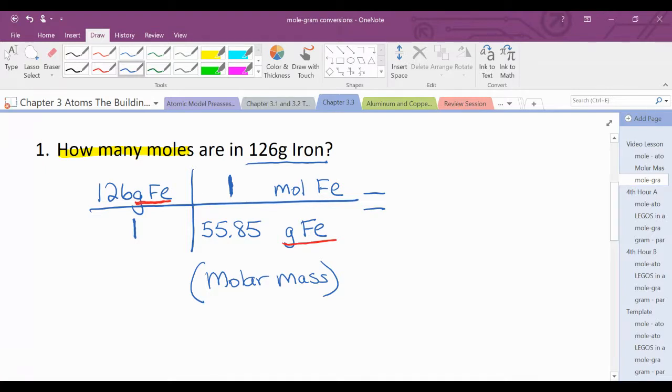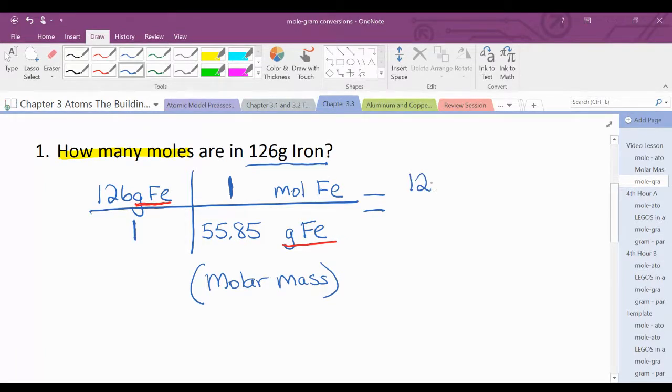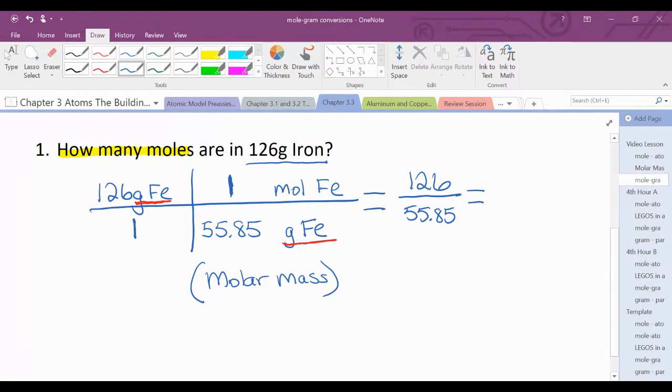So you're going to multiply the top, multiply the bottom, and divide. And so what you would get here is 126 divided by 55.85. You want to round for correct sig figs. This number here is 3.